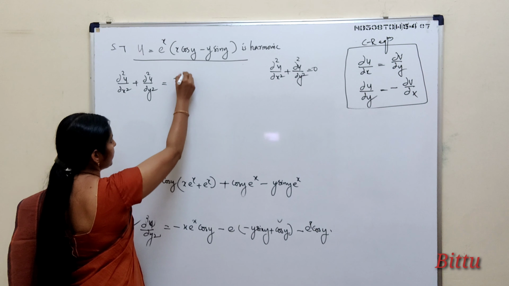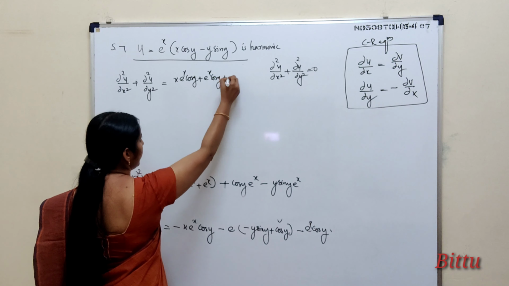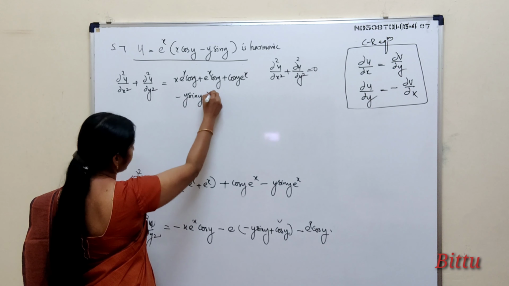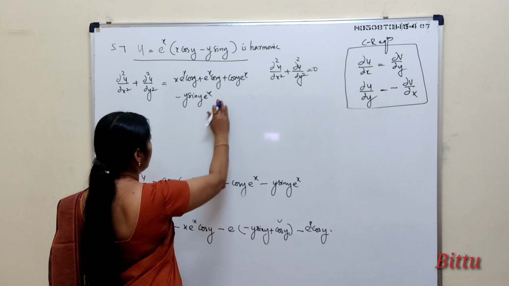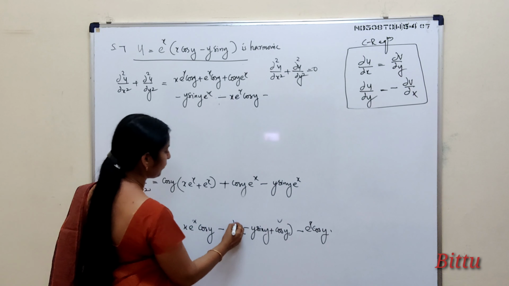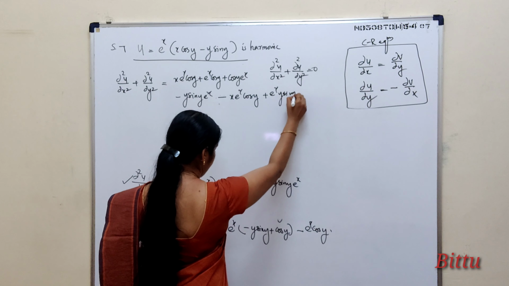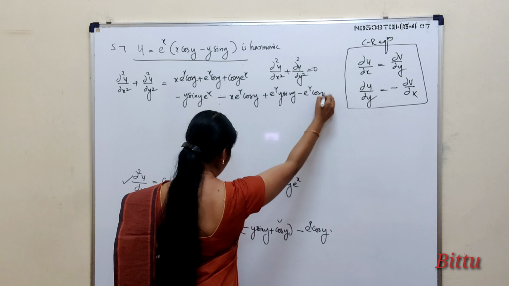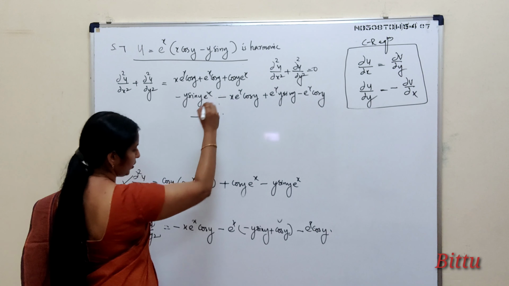That is x e^x cos y plus e^x cos y plus cos y e^x minus y sin y e^x, plus ∂²u/∂y². It is minus x e^x cos y minus, plus e^x y sin y, minus e^x cos y, minus e^x cos y.